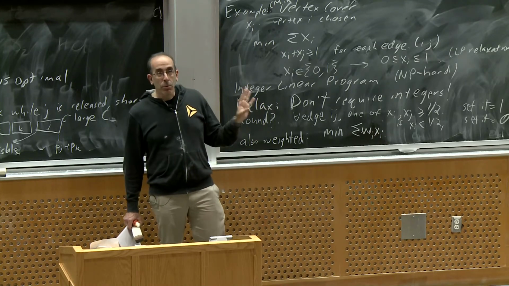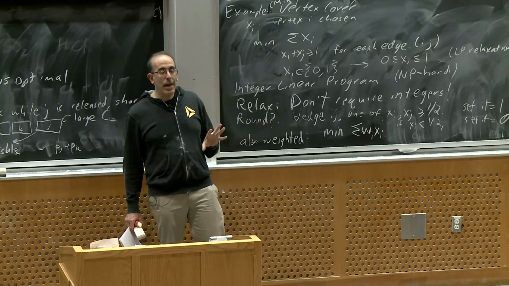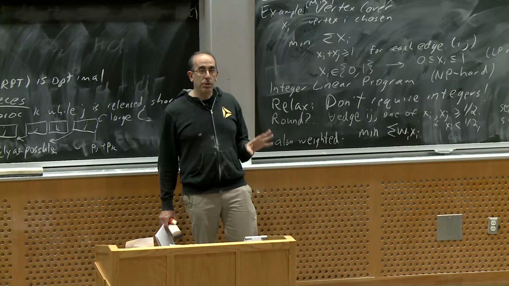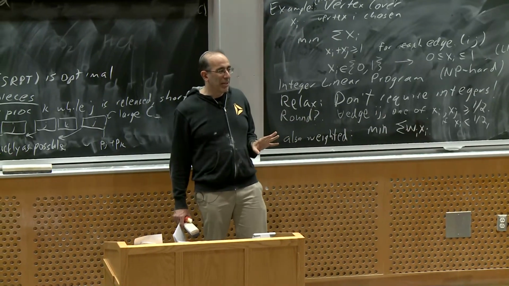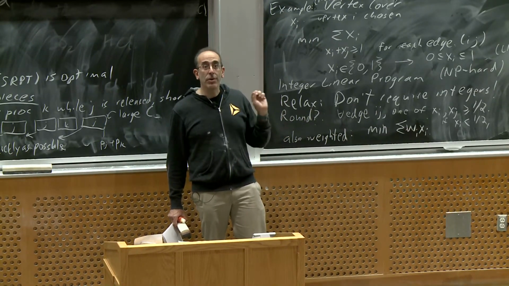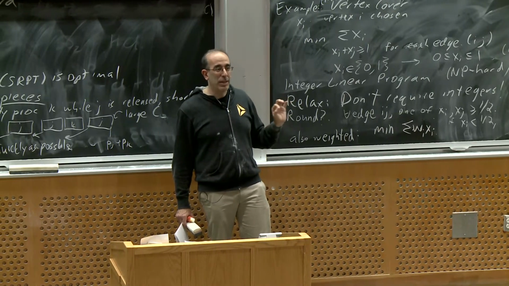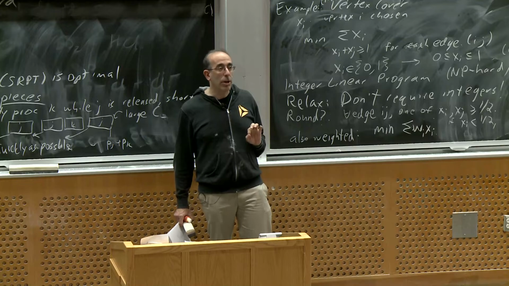And again, within optimization, people spend time showing that certain polytopes have integer solutions. Okay, and therefore there is no integrality gap. And the optimum of the polytope is the integer solution. We actually saw one of those polytopes.